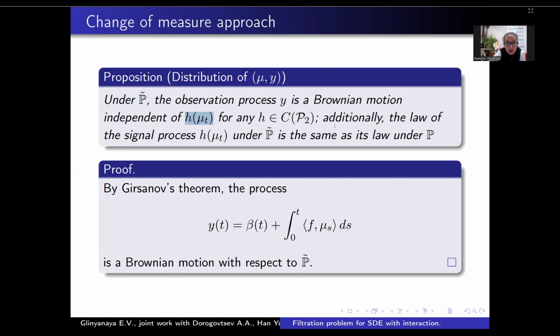And additionally, the law of the signal process, or the function of mu t under p tilde, will be the same as its law under p. So, to see this, the first part, which says that y is a Brownian motion, is just a simple application of the Girsanov theorem.